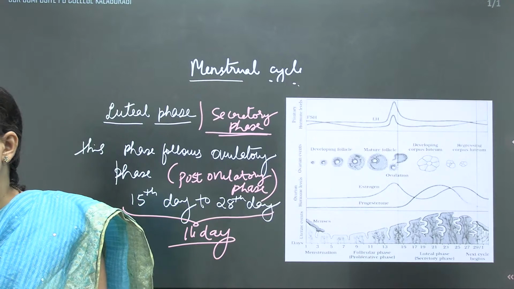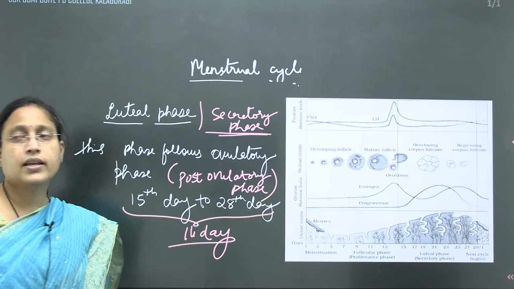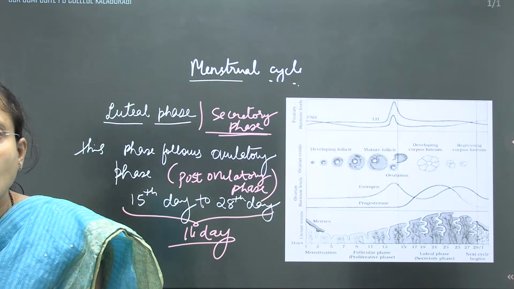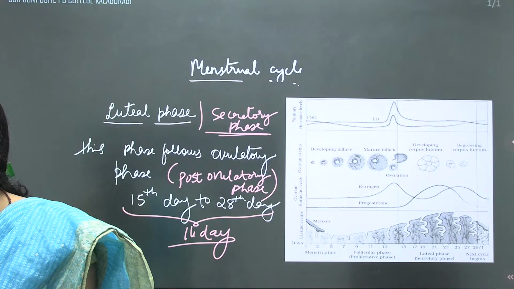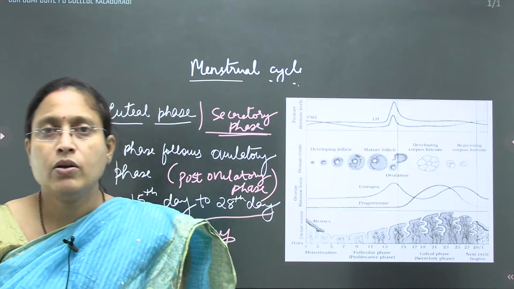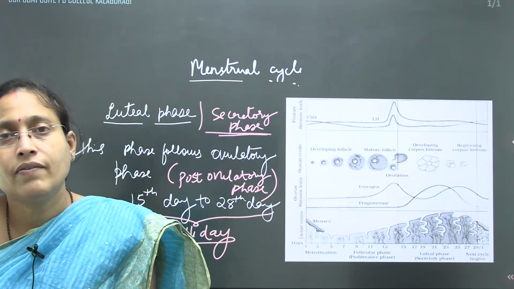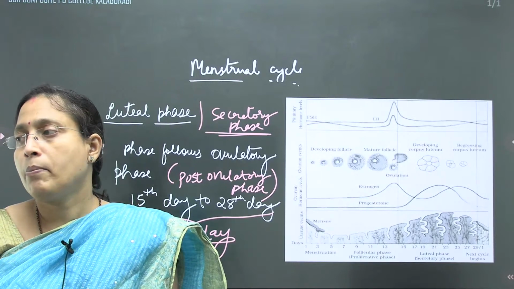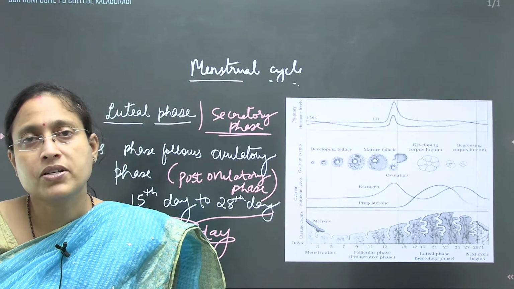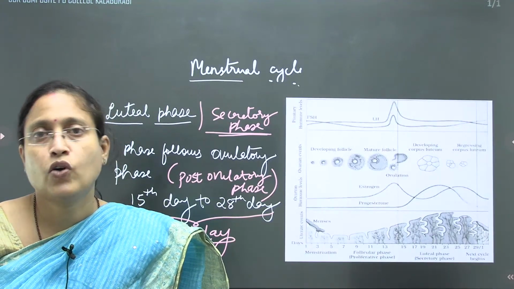Now as I told you, using the 14th day you can calculate the day on which there will be ovulation. For example, if you want to know the ovulation day in a woman whose menstrual cycle is not 28 days but instead 35 days, the total number of days in the menstrual cycle is subtracted by the number of days in the luteal phase, which is 14.